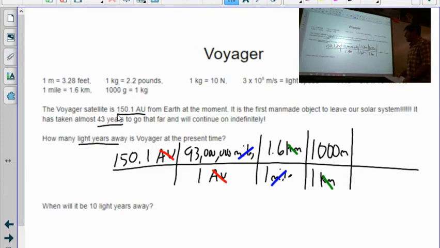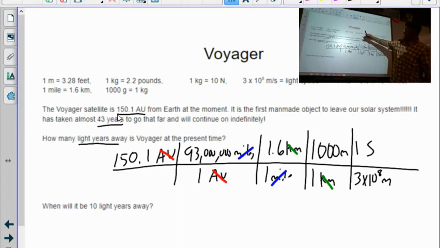Now we've got to relate it to a light year. Light travels at this speed, 3 times 10 to the 8th meters per second. If I want to cancel out the meters and get into a time, I'm going to use this velocity, 3 times 10 to the 8th meters per 1 second.